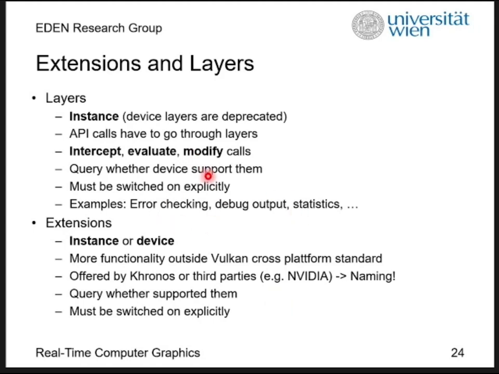However, there might be functionalities that a high quality graphics card on your PC supports, but a mobile device doesn't. Or a mobile device supports tiling and a PC doesn't, because on a PC it doesn't really make much sense to use tiling. And so people came up with this idea of extensions.